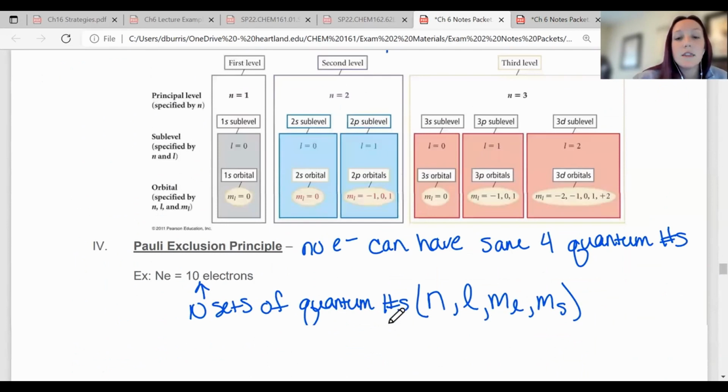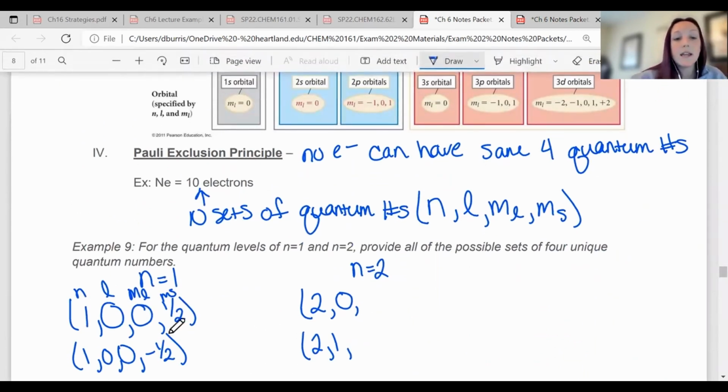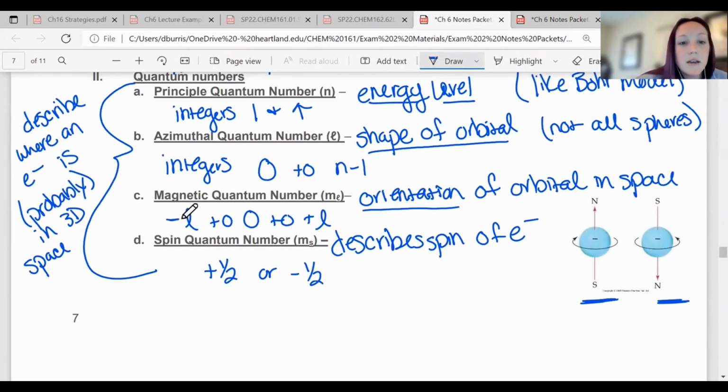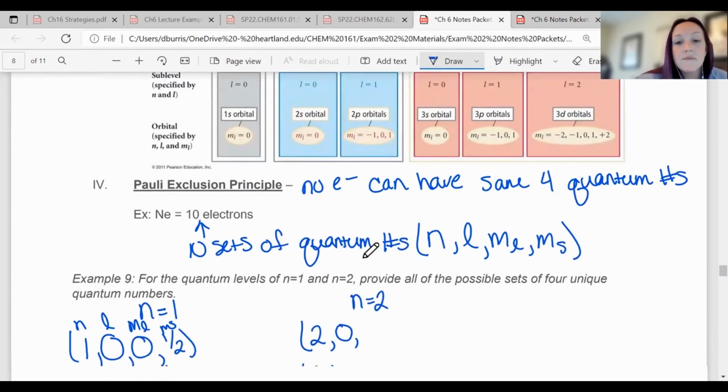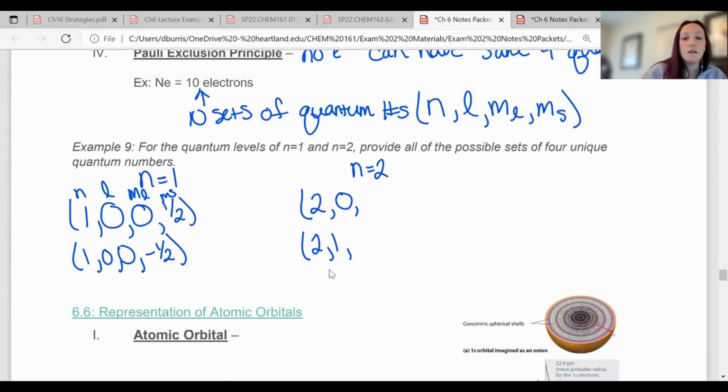After my azimuthal quantum number, my magnetic quantum number can be between negative L to 0 to positive L. Up here, L is 0, so it could be 0. When L is 1, it can also be -1 or 0 or +1.